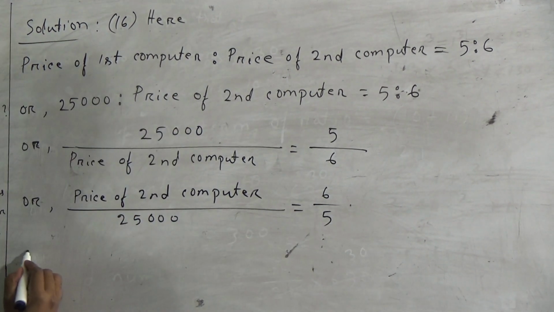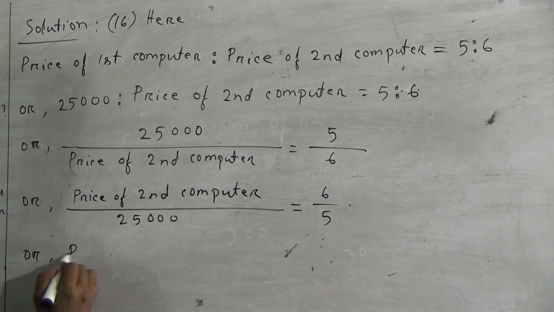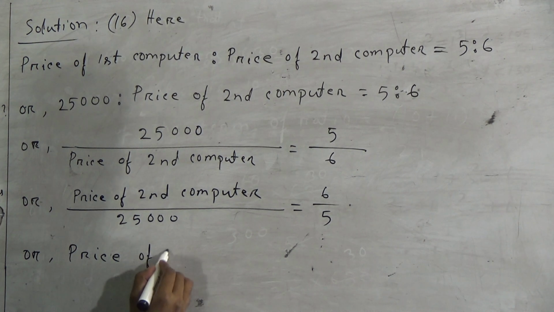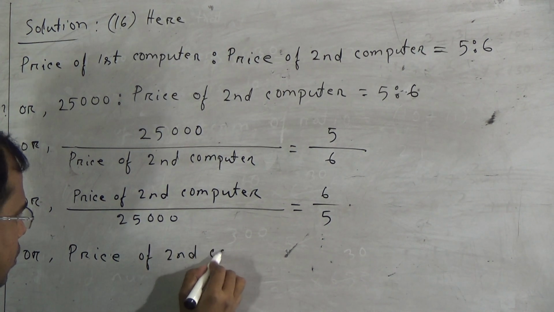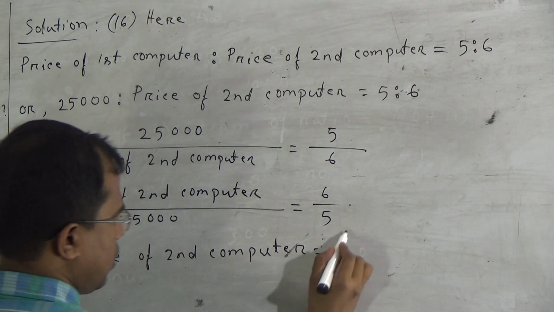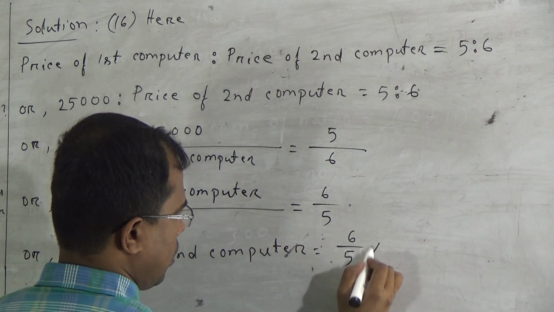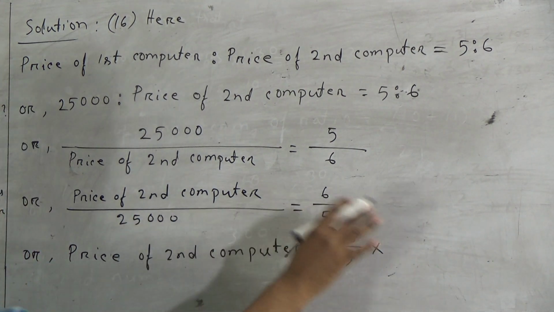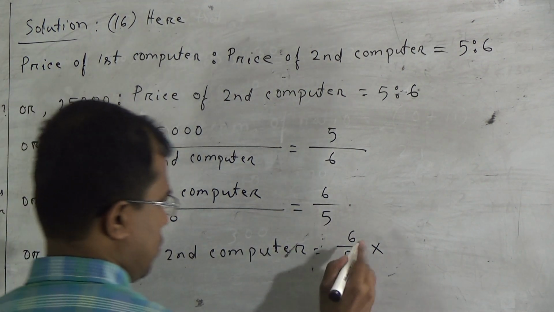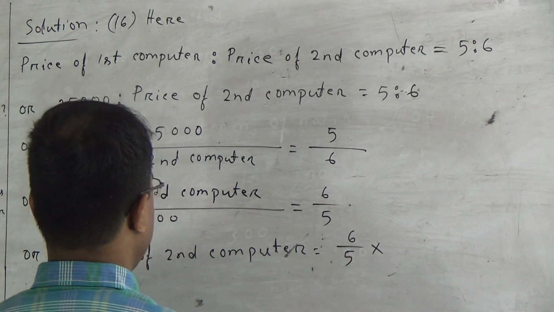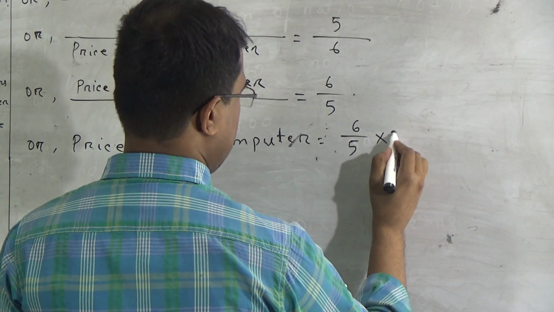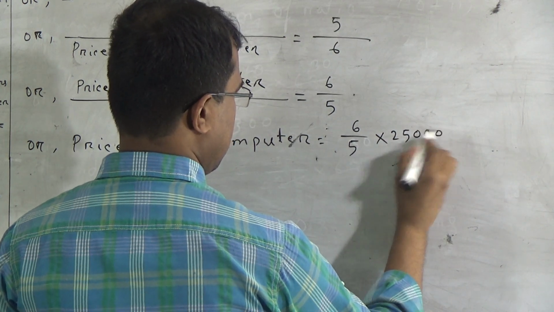Now, price of second computer is equal to 6/5. We have to send this 25,000 to the right side and write it in the form of a product. So 6/5 multiplication 25,000.